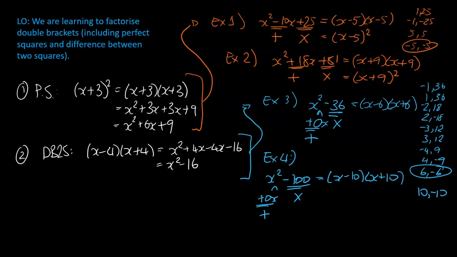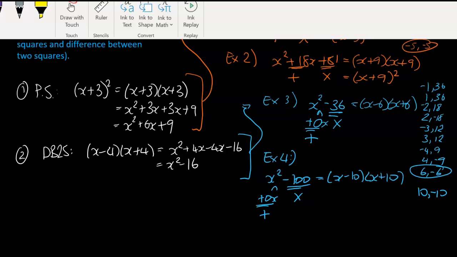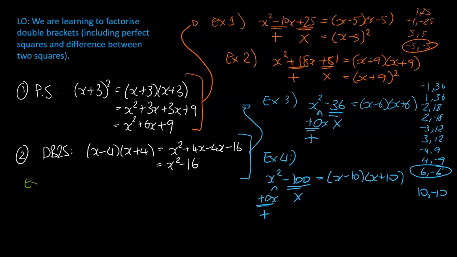That was a pretty quick introduction for those first two, but I want to explore a little bit more detail about those, and we'll use pen colors as well. So example number 5, or a different way to think about this type of question. Let's say you've got x squared minus 49.